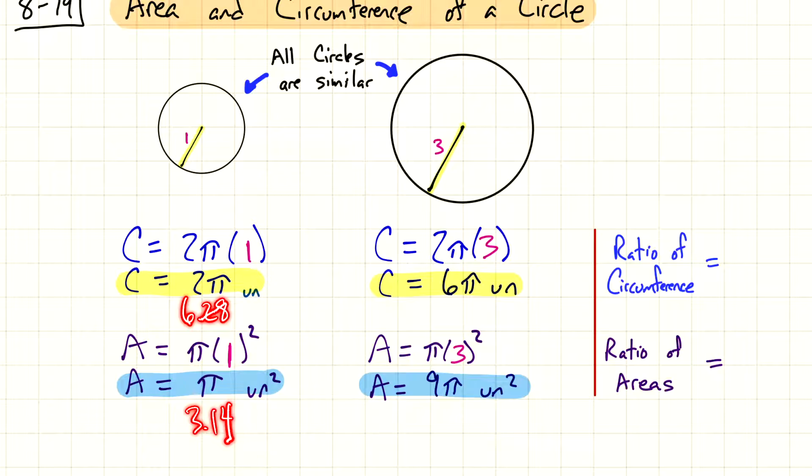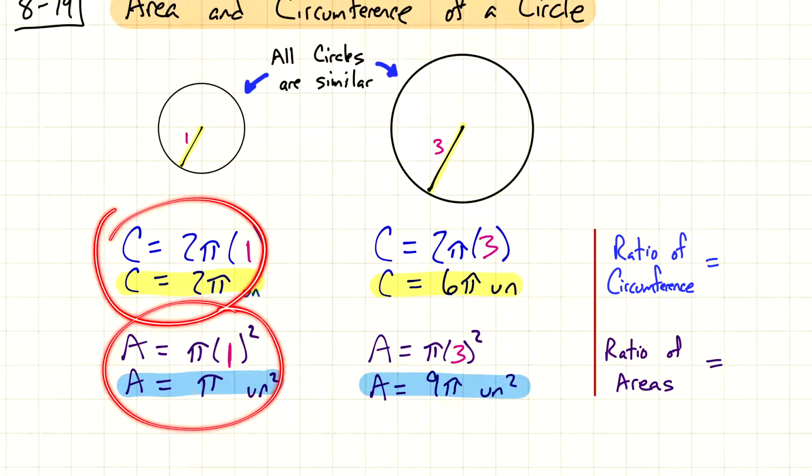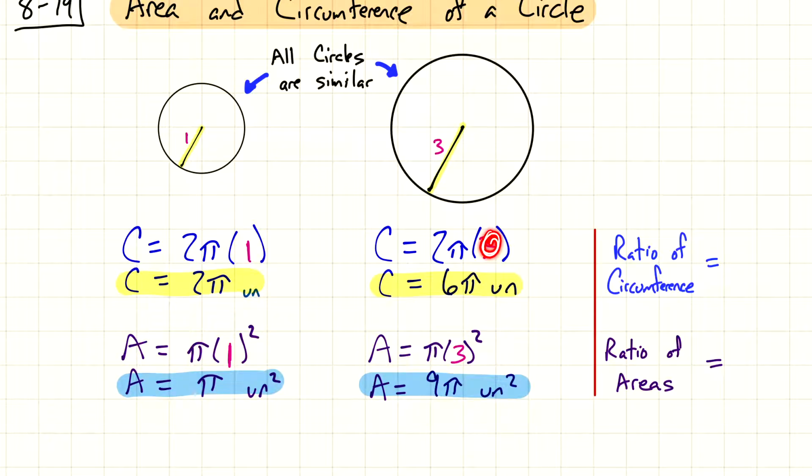Now, our goal was to figure out how can I use the radius to help me find the circumference and area of this circle? Well, if I take the same measurements from here and multiply them by the right scale factor, then it'll give me a new area.